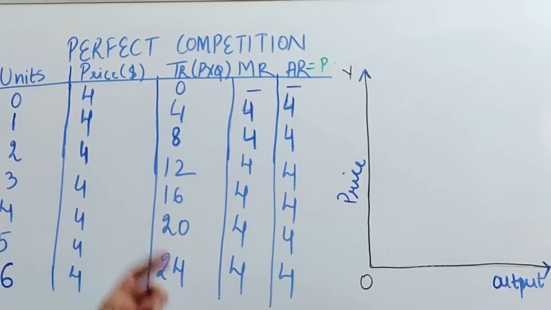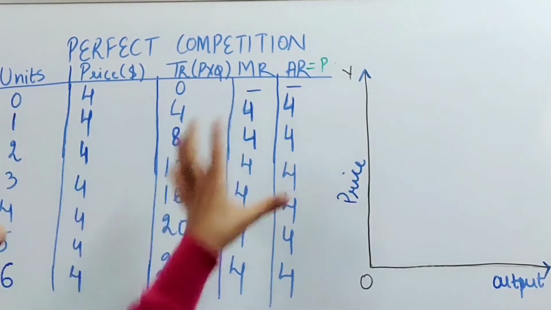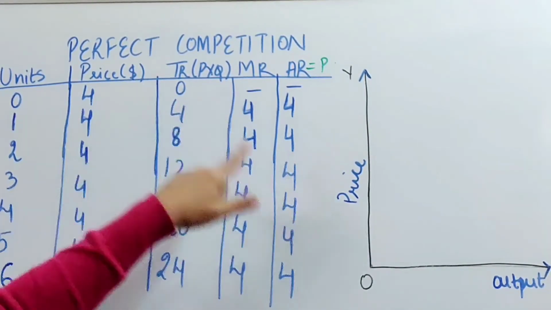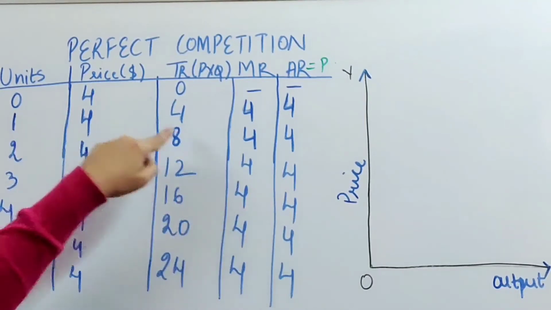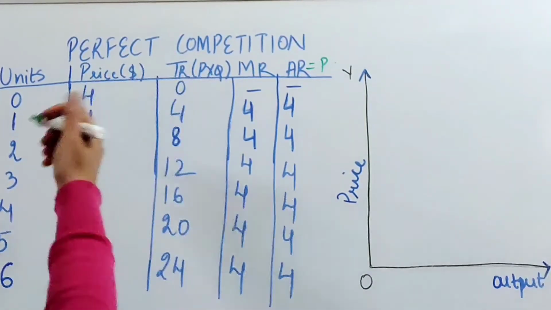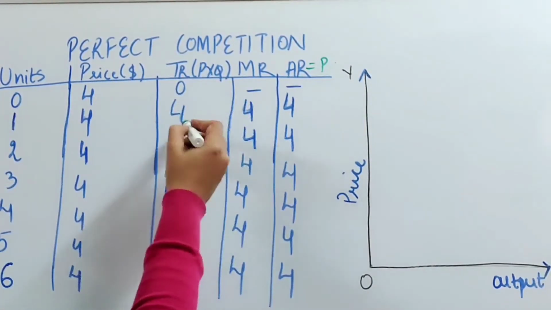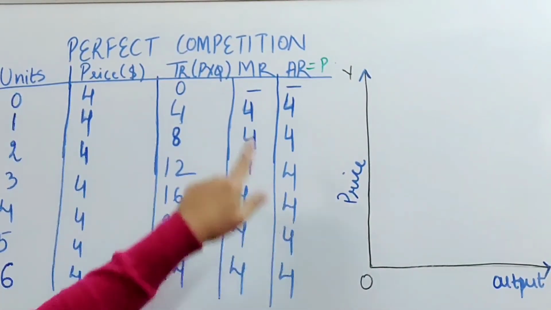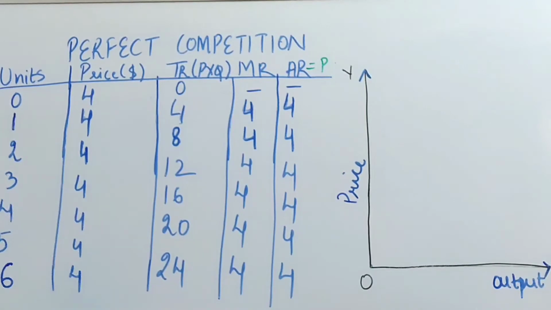Total revenue is price into quantity. Since price remains constant, marginal revenue will also remain constant. As we can see here, each time an additional unit is sold, total revenue increases by 4, and marginal revenue, which represents change in total revenue, is also equal to 4.